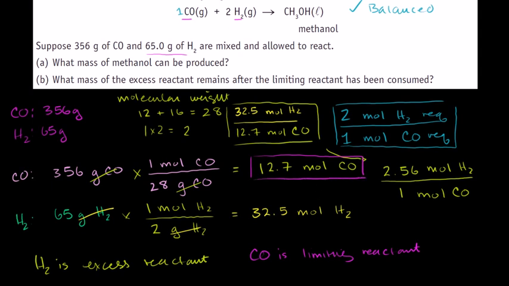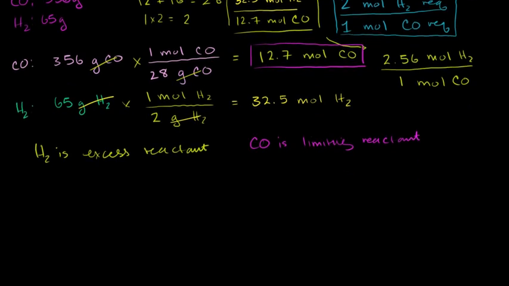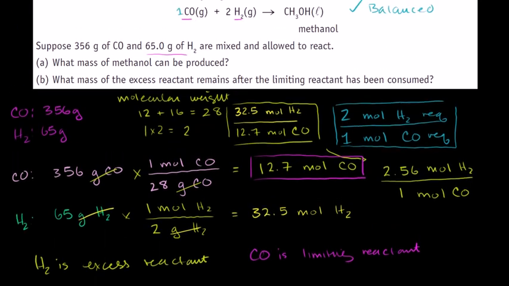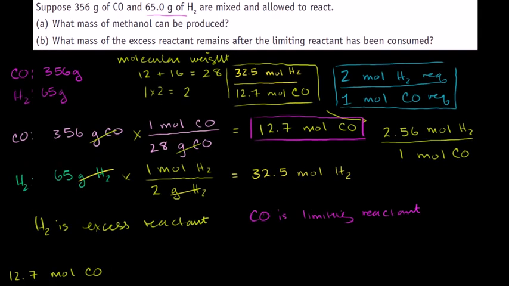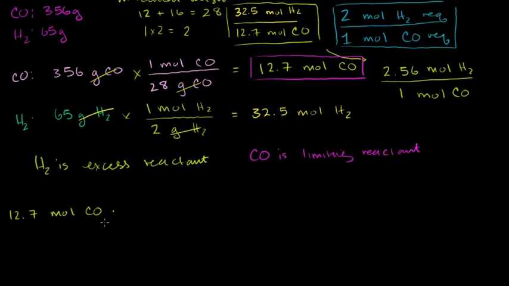So we have 12.7 moles of carbon monoxide. And looking at our original equation, we see that for every mole of carbon monoxide, we produce 1 mole of methanol. So let's write that down. Times, and we want the carbon monoxide in the denominator.